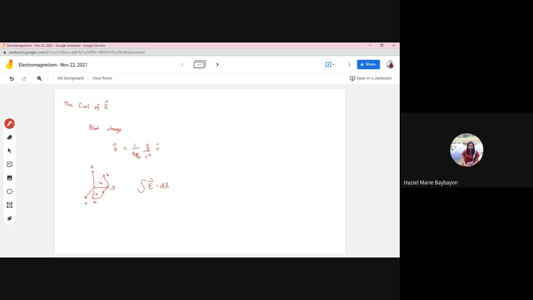Now in spherical coordinates, dl is equal to dr r hat plus r d theta theta hat plus r sine theta d phi phi hat. So this is our infinitesimal length in spherical coordinates.